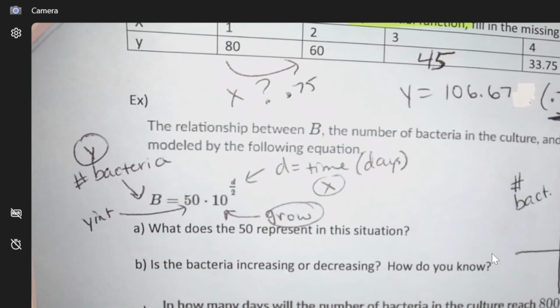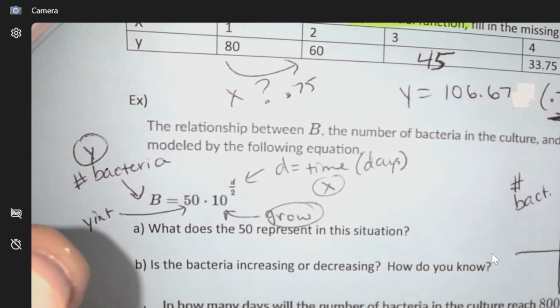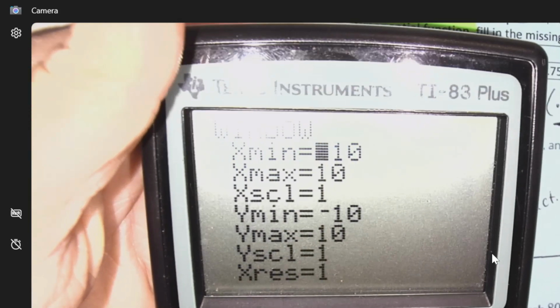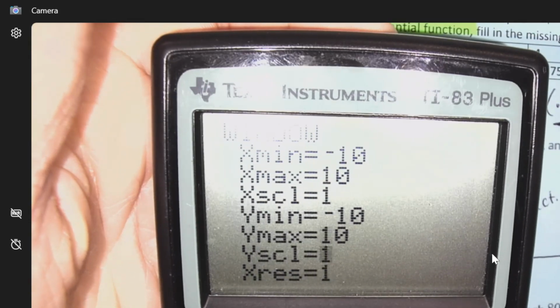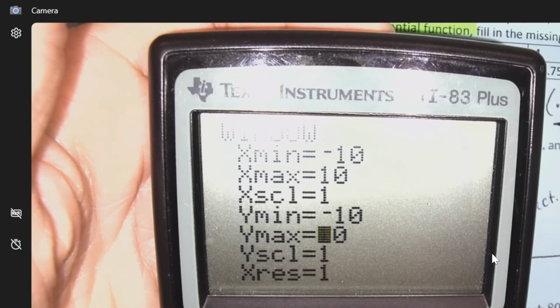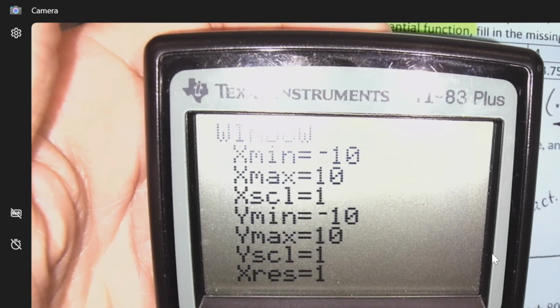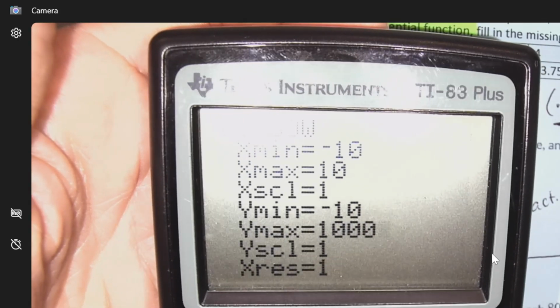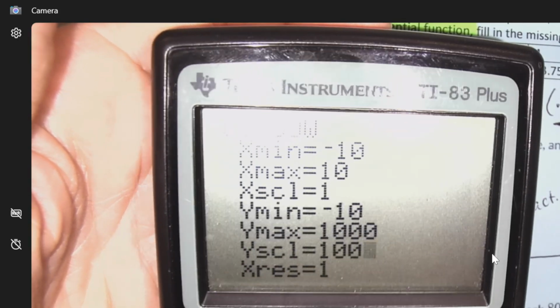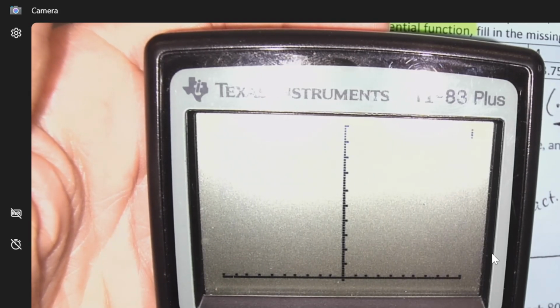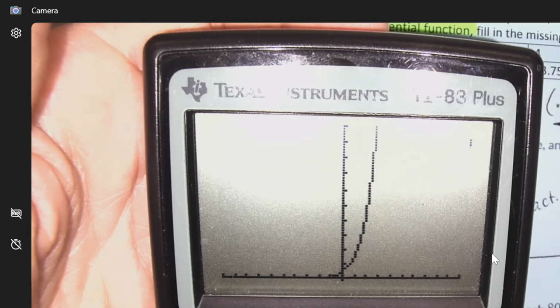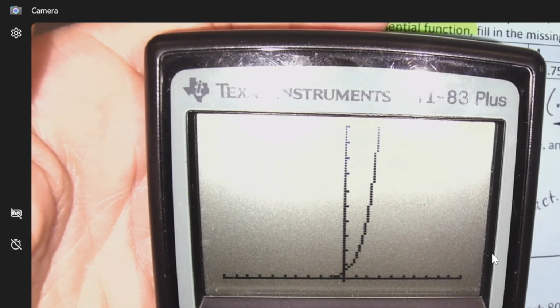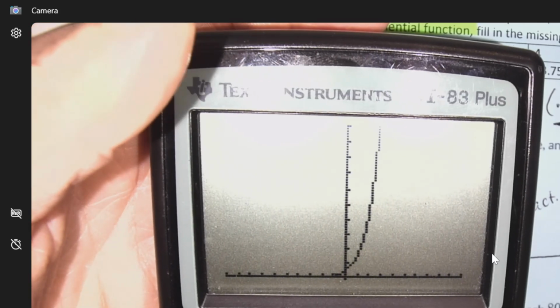Big. 10 times larger, something's growing big. So let's go to our window. Let's go to our Y max. Bacteria can rapidly grow. What do you want to pick? 1,000 to start? Boom, there it is. It's growing quick.